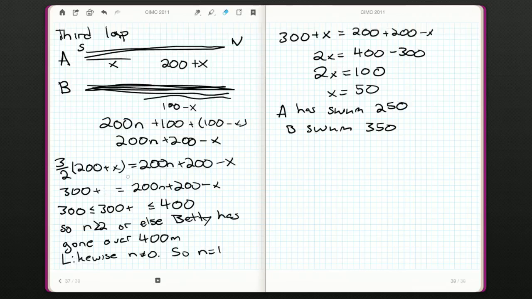Maybe I'm just not feeling it, but I'm screwing up a lot of the little basic algebra. So this should be a 3/2 x. And these guys should be our familiar 5/2 x.